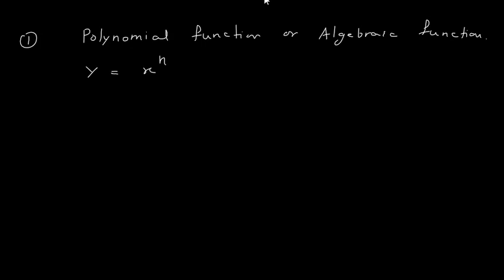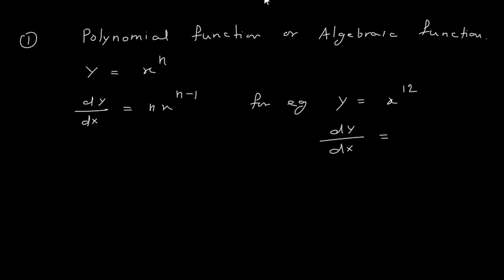This is the most general form of any polynomial function, and for its derivative, if you use the limit method, you will get the value as n into x power n minus 1. For example, if I take y equals x power 12, then its derivative dy upon dx will be 12 into x power 11. So you have to remember this formula, that the derivative of x power n is n into x power n minus 1.